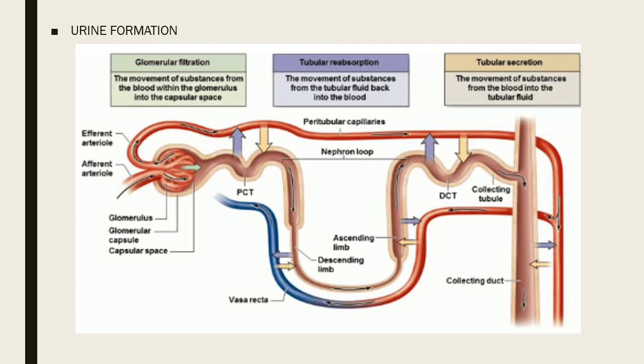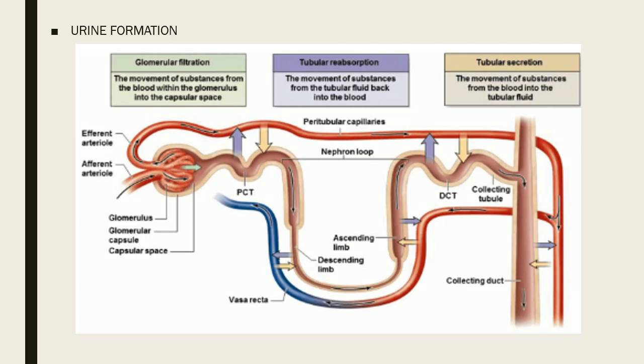Followed by, of course, your tubular reabsorption. Tubular reabsorption is the movement of substances from the tubular fluid back into the blood. What you are trying to reabsorb here are the essential substances.